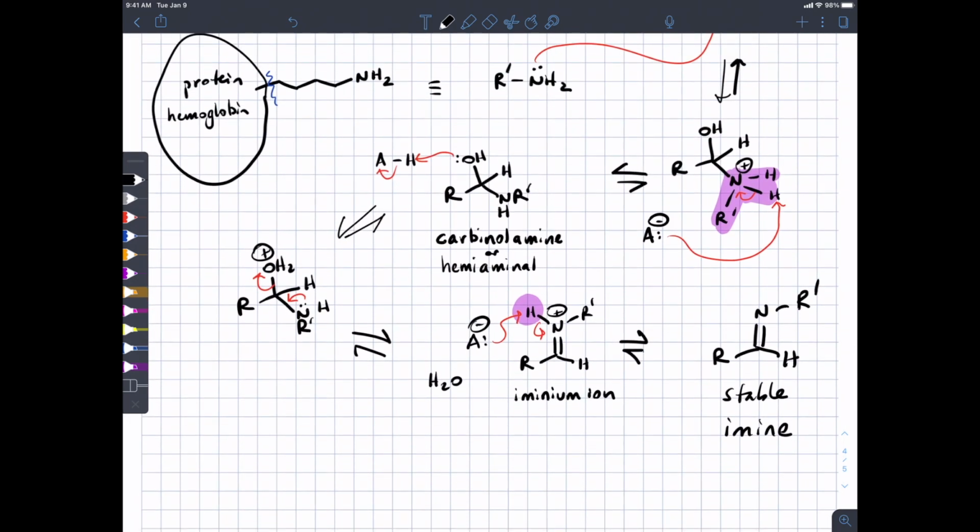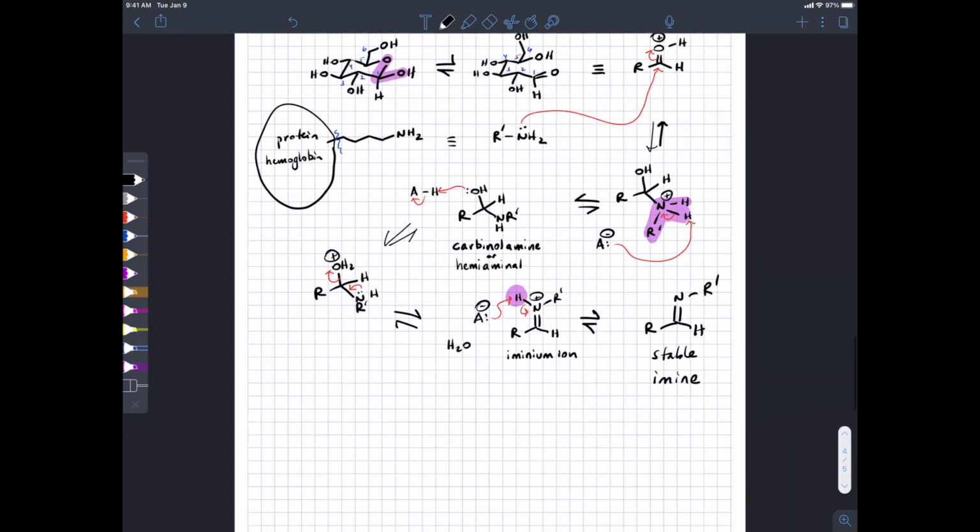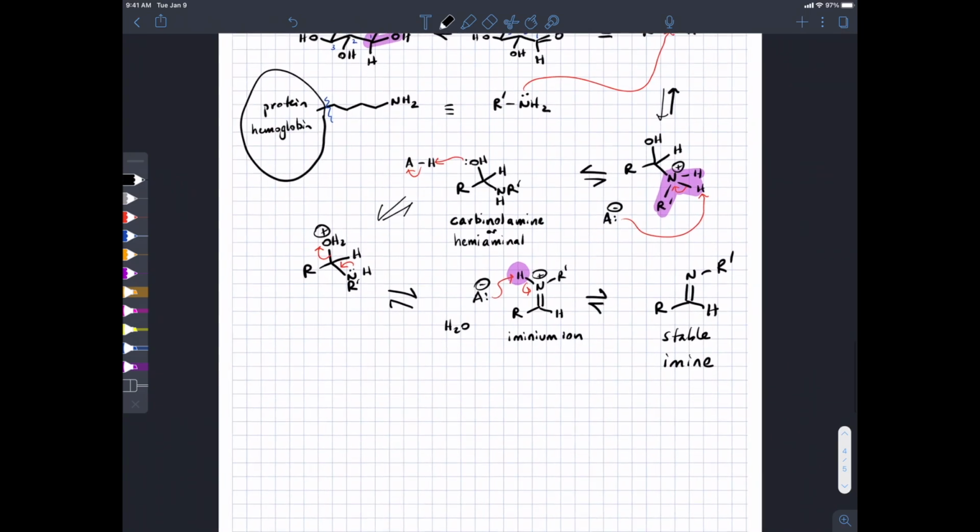So the products are different from acetal formation. The mechanism is exactly analogous. So I don't want you to think of these as two completely different reactions, but rather two manifestations of the same basic reactivity. Now, what's the story with diabetes?